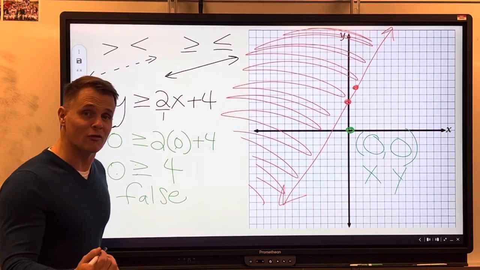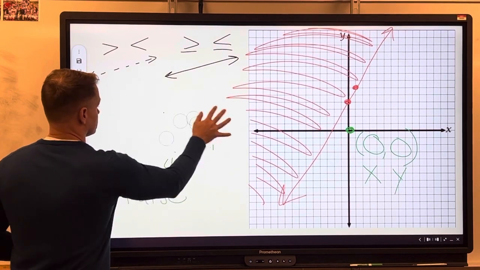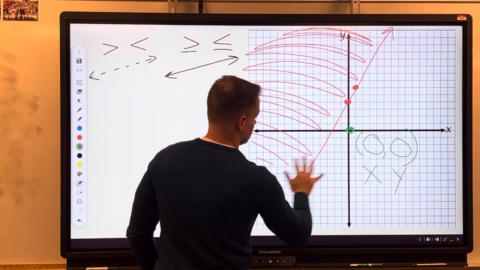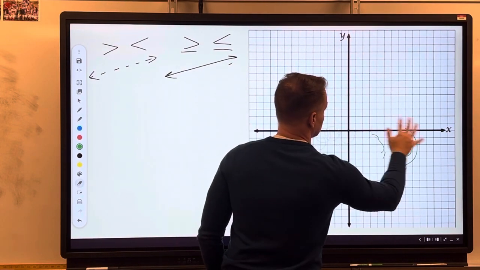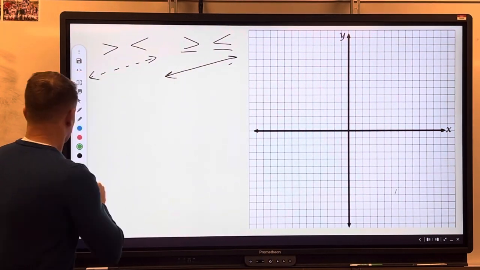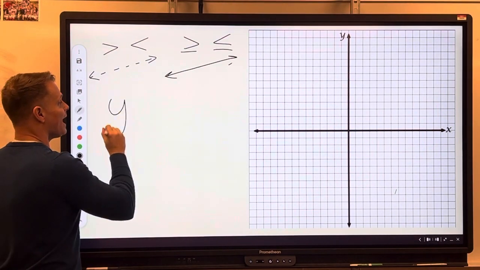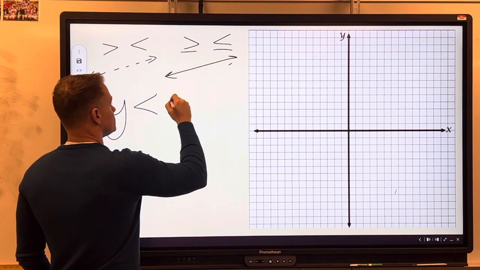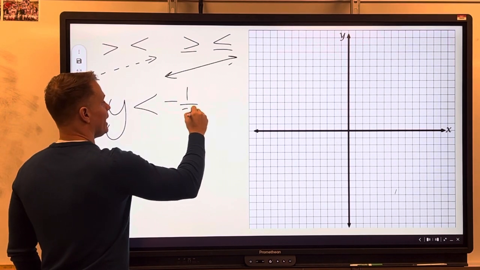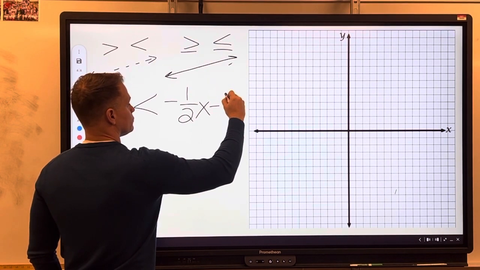Let's take a look at another example. Next example would be something like this. Let's say I have y is less than negative 1/2 x minus 3.